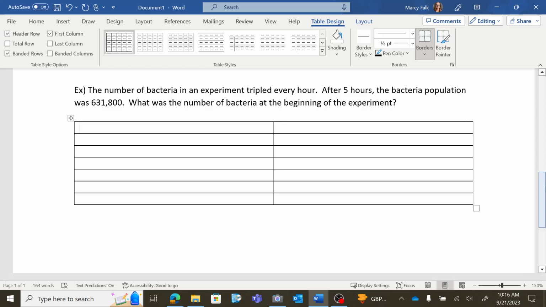Okay, so basically I'm going to say the hour and the number of bacteria. I'm going to put hour 0 because that's a start. At hour 0, hour 1, 2, 3, 4, 5.